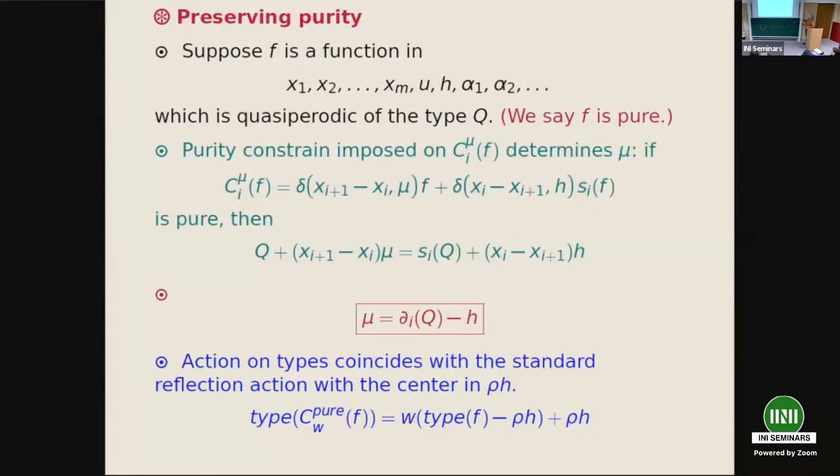And also here, we transpose parameters in Q and add this form. If you make some easy calculation, you see that mu is just a divided difference shifted by h. So the conclusion is that the action on the types just coincides with permutations.